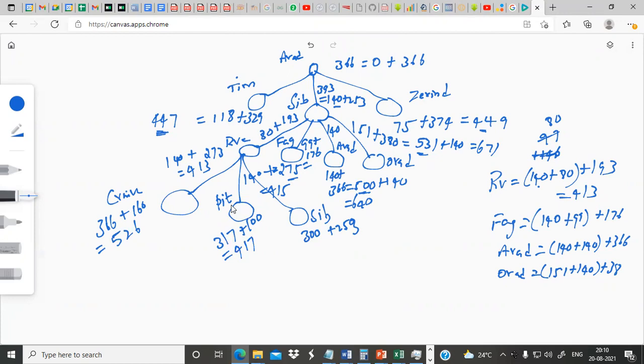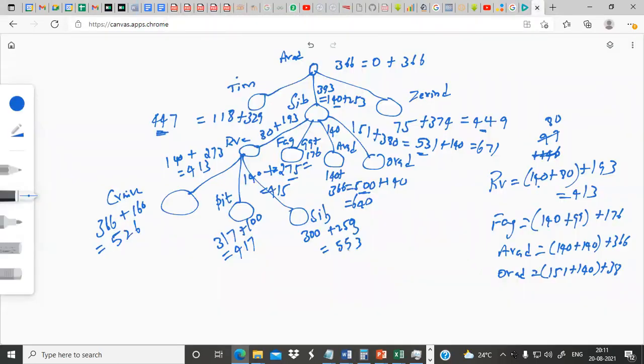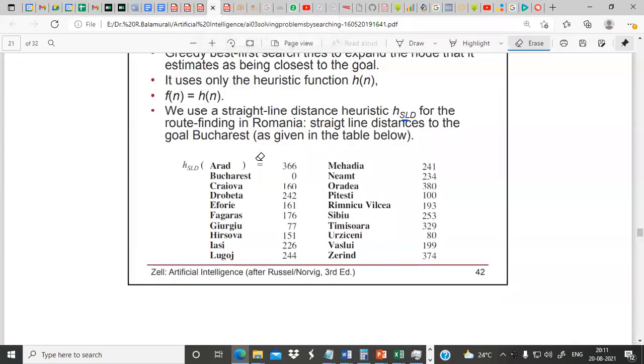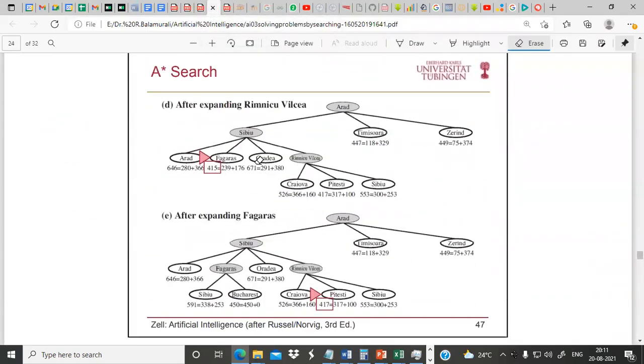Next, this is 300 plus 253, which is 553. So let us check whether we are traveling in the correct direction. What we got at last are these values: 526, 417, and 553.